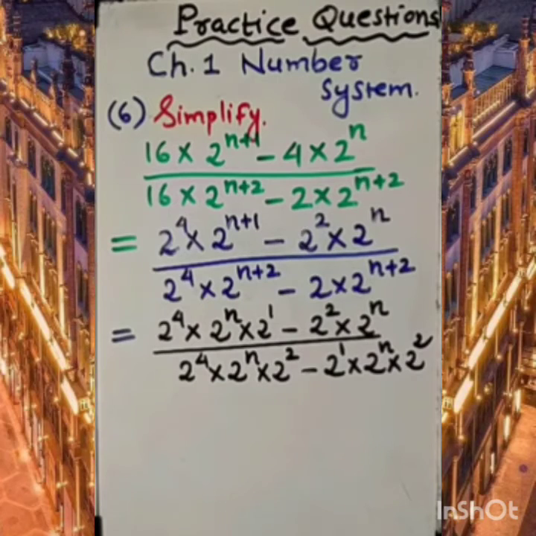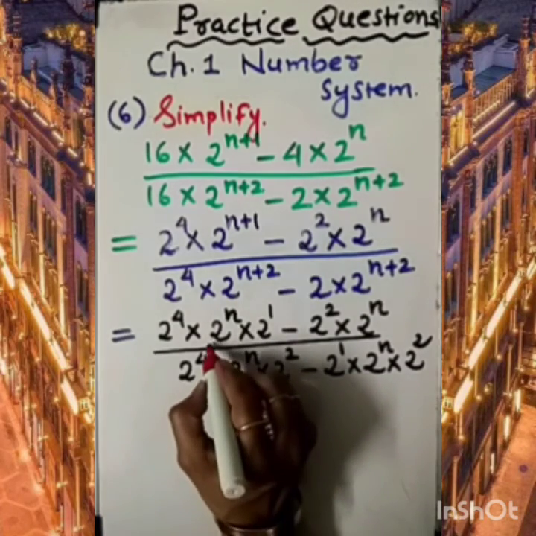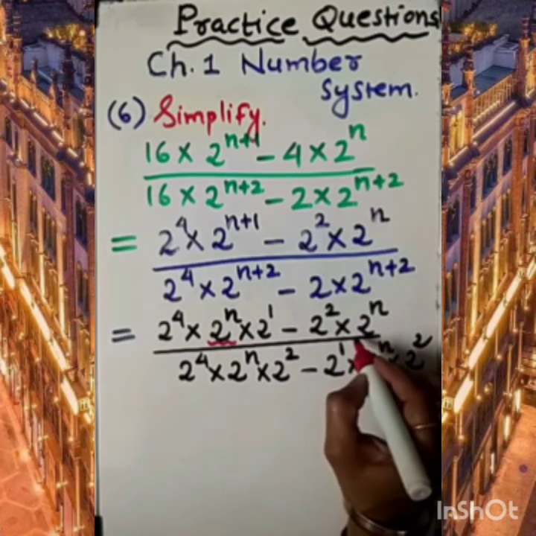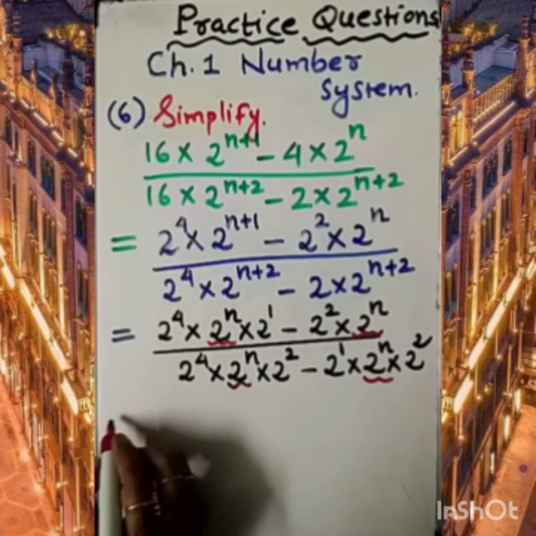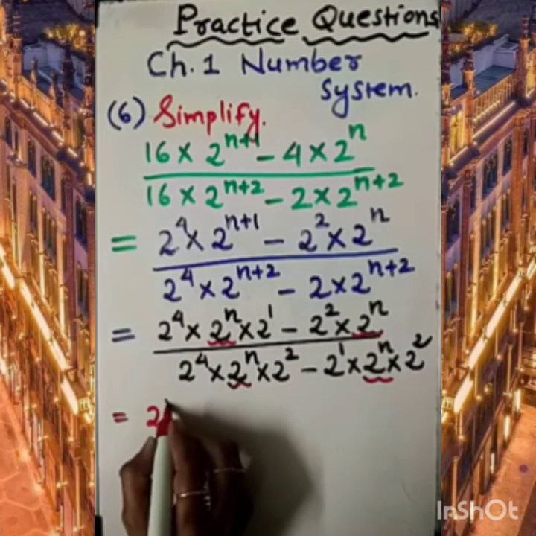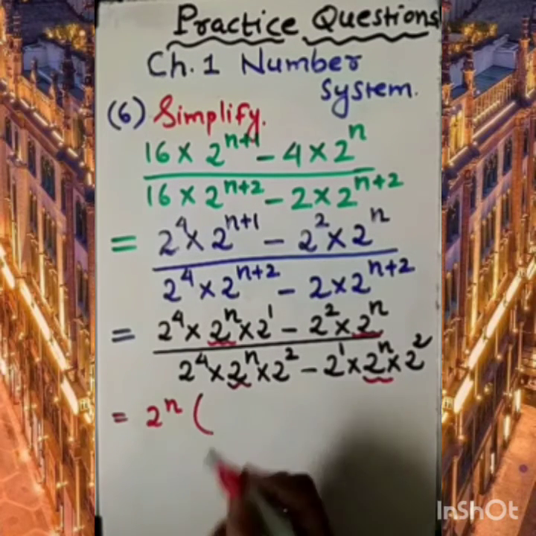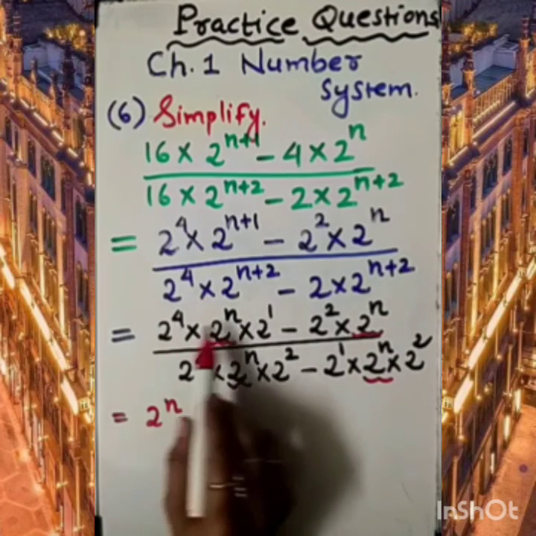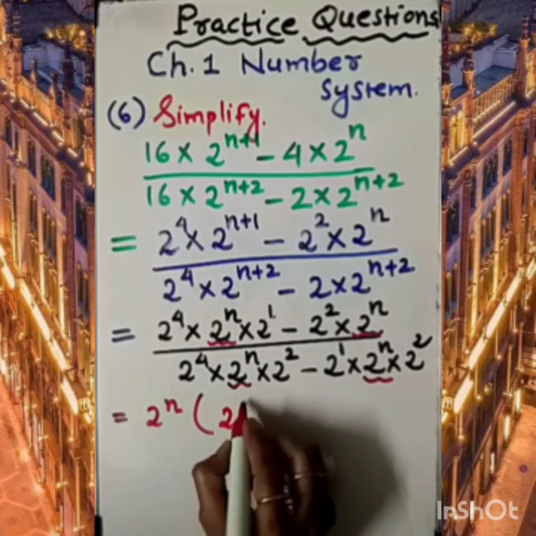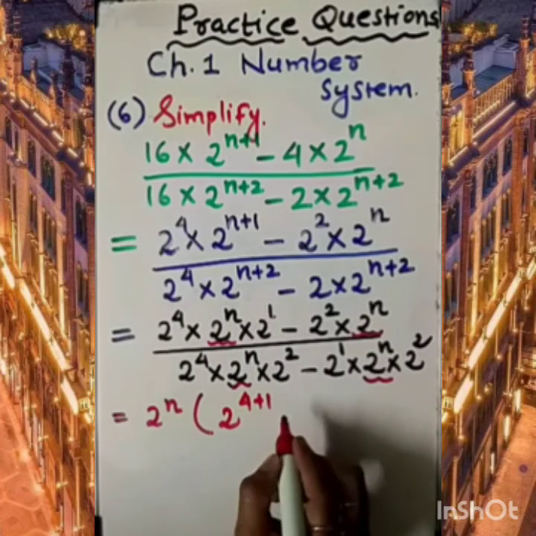Now something is common from numerator. First of all we can write common. This is also common. So first of all I am taking out 2 to the power n common. So what will be left inside? You see, we will have 4 plus 1. I need to write here 4 plus 1 power left.